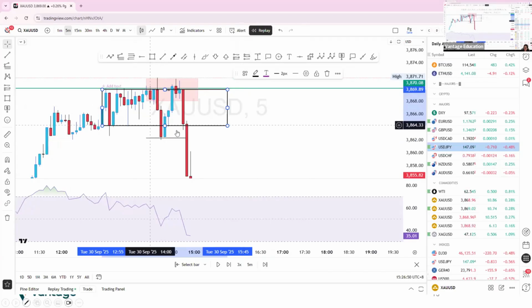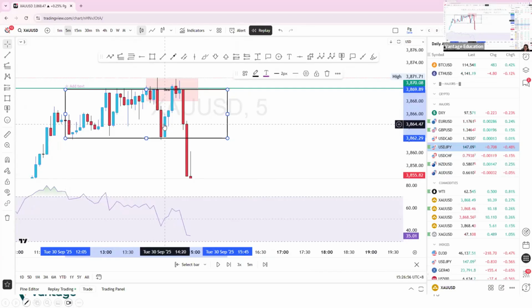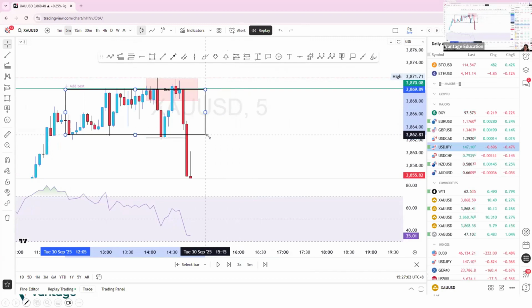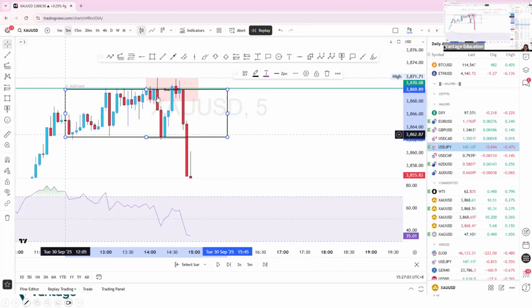If you just pull back for the retrace, you might get stopped out. If you sell at like 38.64 and price goes back up to the zones again.